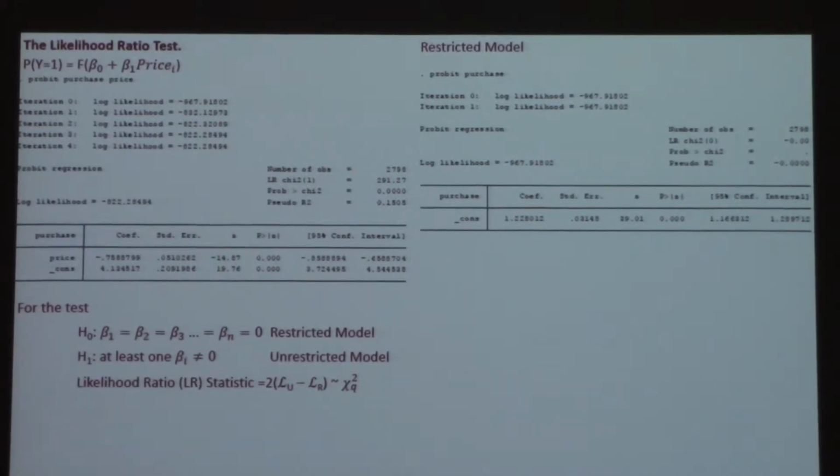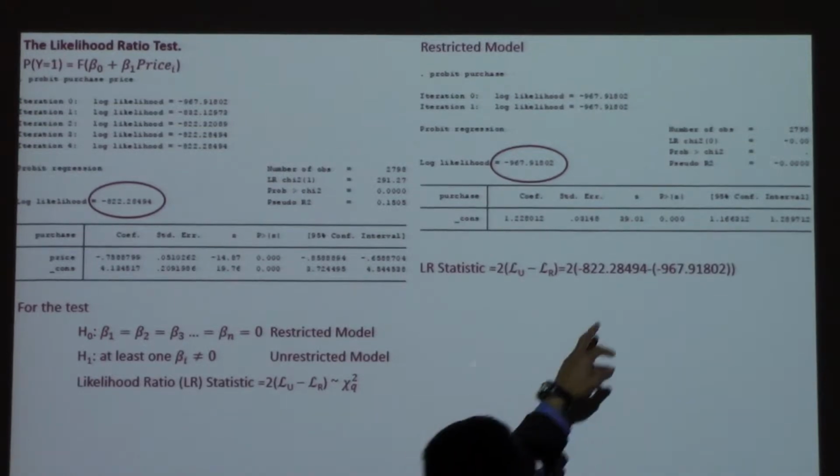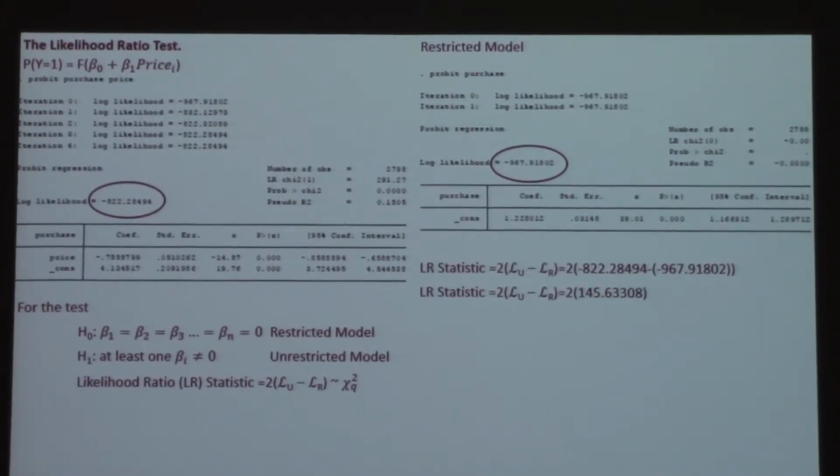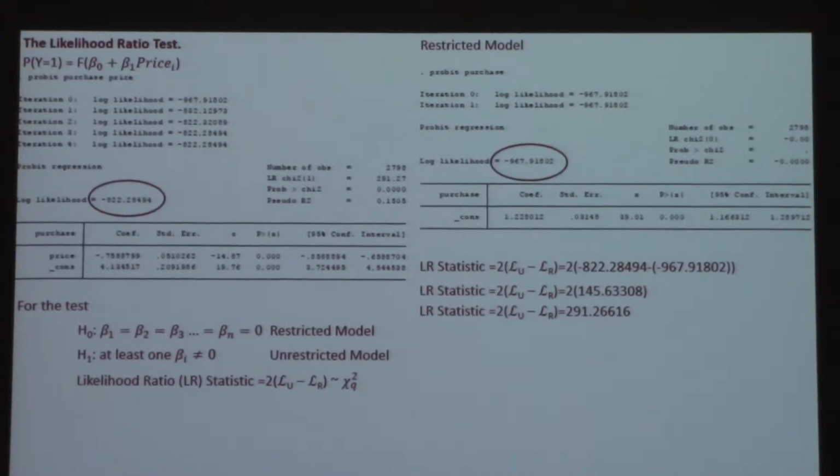We get a log likelihood of negative 967. So we take those two, subtract one from the other, multiply it times 2, and we get that 291, which is essentially our likelihood ratio chi-squared statistic that is contained there.